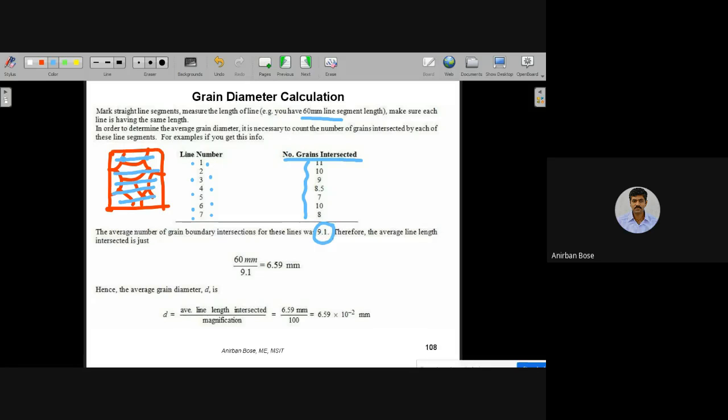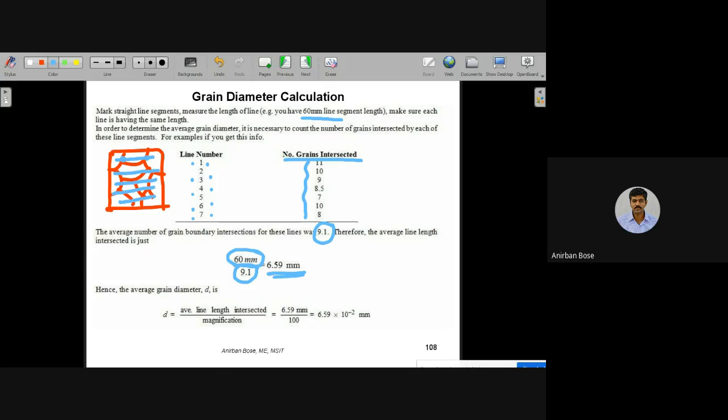If 9.1 is the average number of grains cut, then in that case the length of each line is divided by this average number of cuts, the average number of grains intersected. So that is divided, and you will get some average value.